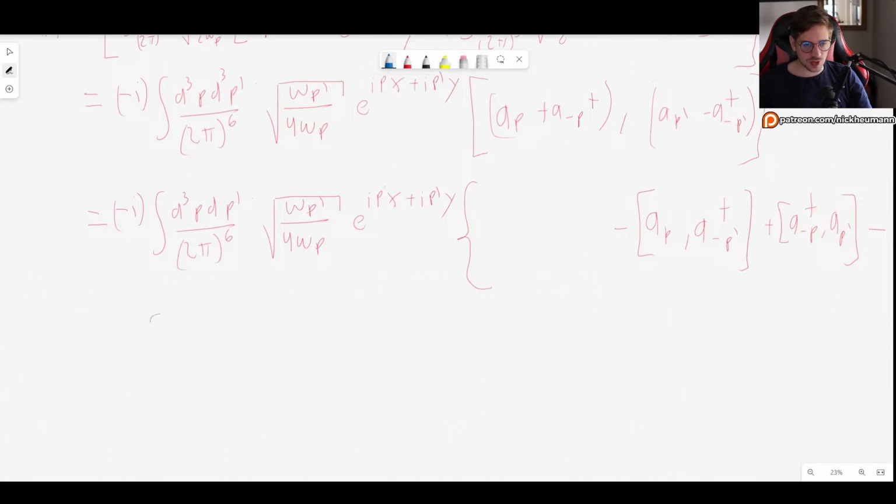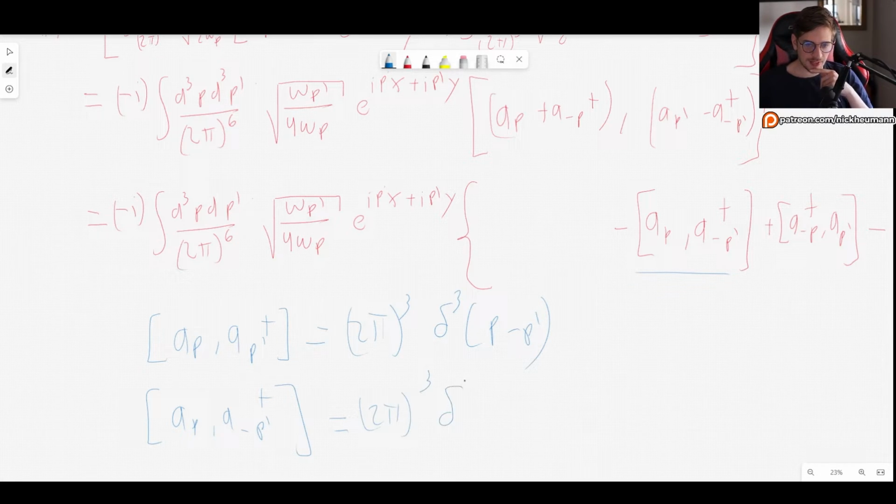So what we just saw is that A_p, comma, A_{p'} dagger, this is, in our normalization, 2 pi cubed delta cubed of p minus p prime. Okay, but we don't really have this formula. What we have is A_p, comma, A_{-p'} dagger, right? That is that case. So this would be 2 pi cubed delta cubed of p plus p prime. Okay, so we just get p plus p prime. That's the difference.